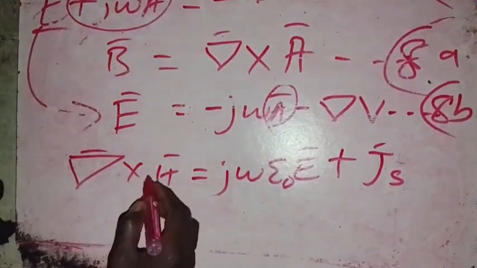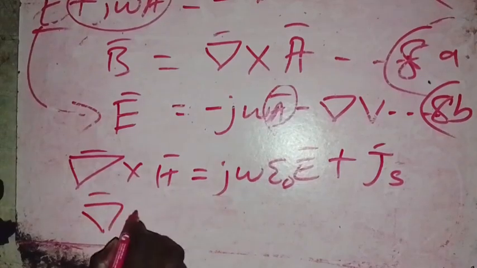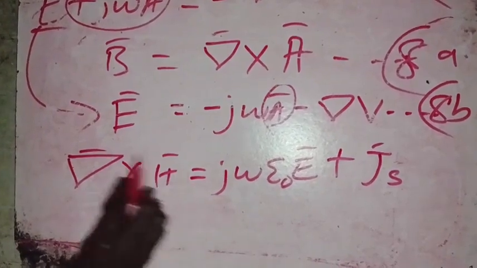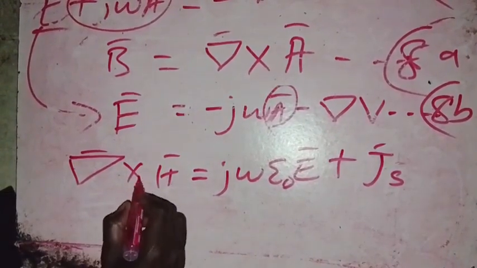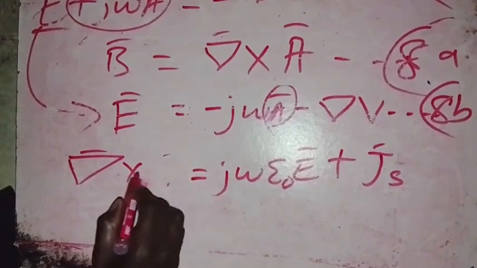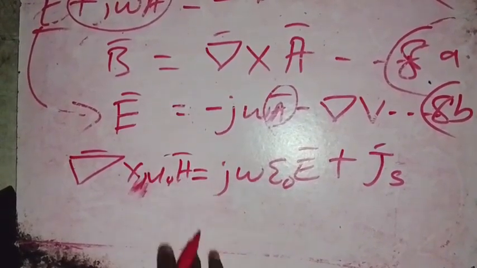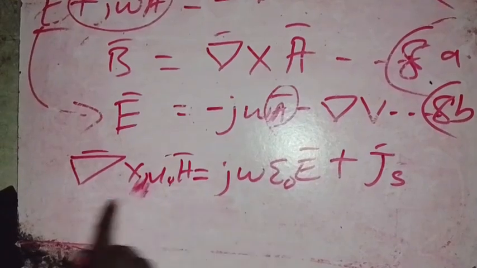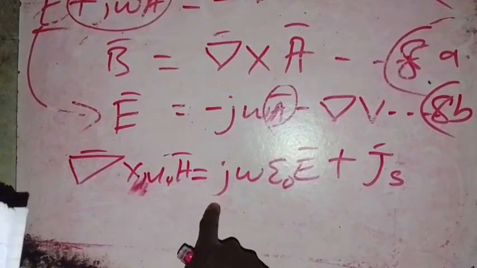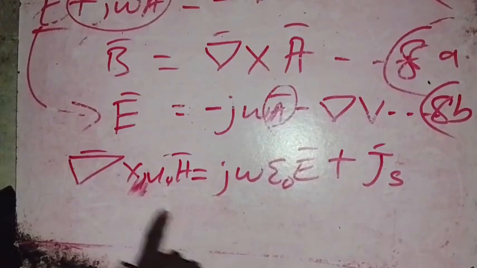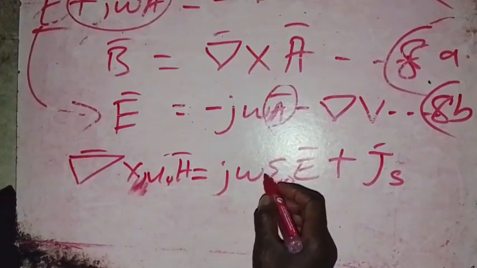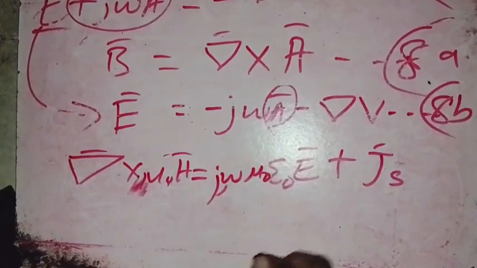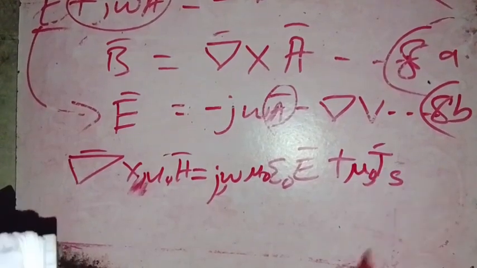Since we want to have the magnetic flux density here, you are to add this mu naught to this part here. But this is an equality sign. Whatever you do to this side of the equality sign, you should also do to the other side. So we are going to have mu naught here also. It will now be j omega mu naught here, and here also mu naught.